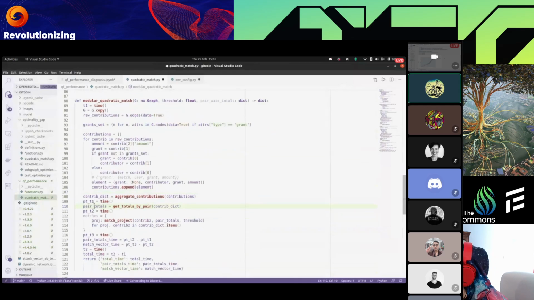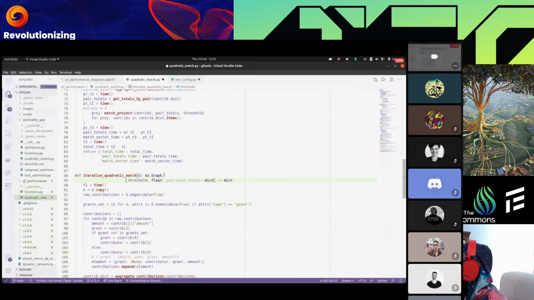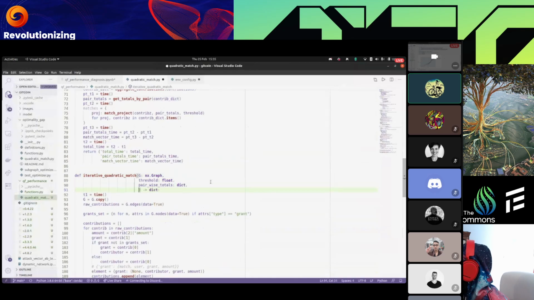The idea is that the pair totals, instead of being that, is going to be, no, it's actually the iterative quadratic match. Because it takes two arguments. It takes the pairwise totals, but it should also get the new contribution.